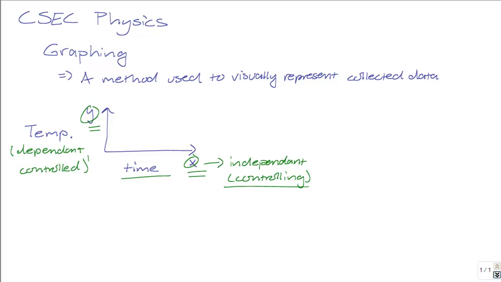If you're measuring the temperature of a system as it changes with time, you might get a straight line, meaning that as time increases, the temperature increases. You might get a straight line with a constant value, which means there is no change in temperature even as time increases. You might get a curve, or a pattern that fluctuates with time. The important thing is that the graph shows you how temperature changes with time.